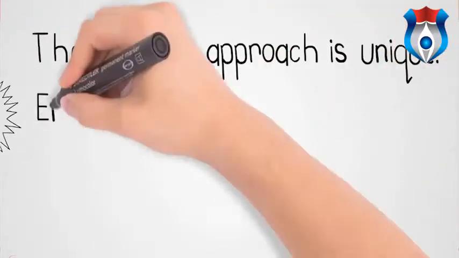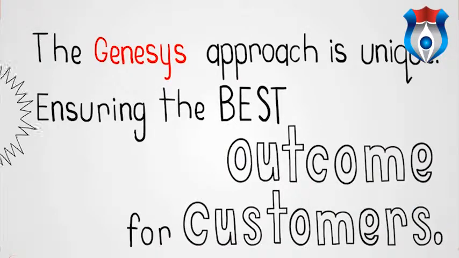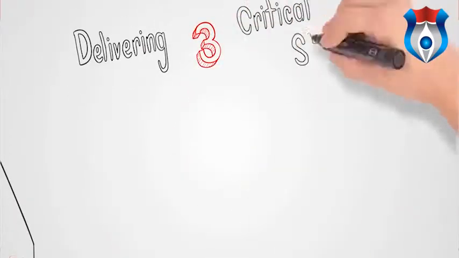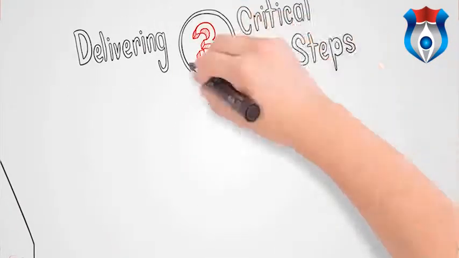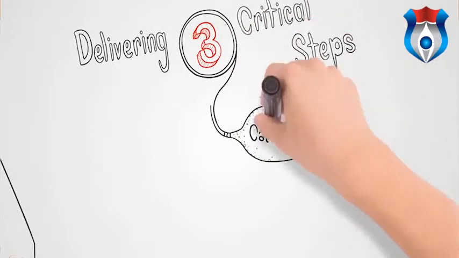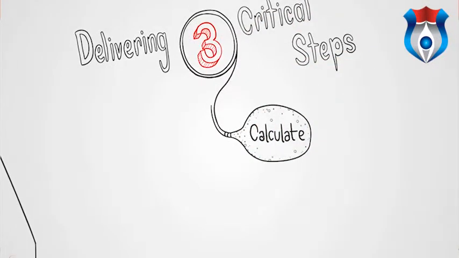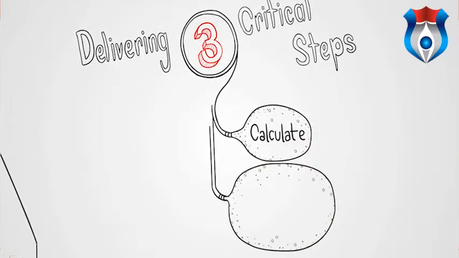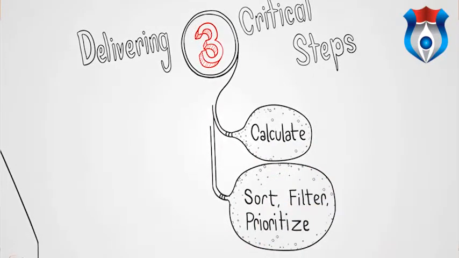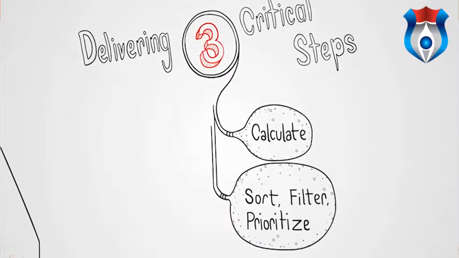The Genesis approach is unique, ensuring the best outcome for customers by introducing 3 critical capabilities for intelligent lead management. First, we calculate the quantity of leads necessary for the entirety of the campaign, based on present and future resources. Next, we sort, filter and prioritise leads based on their value.